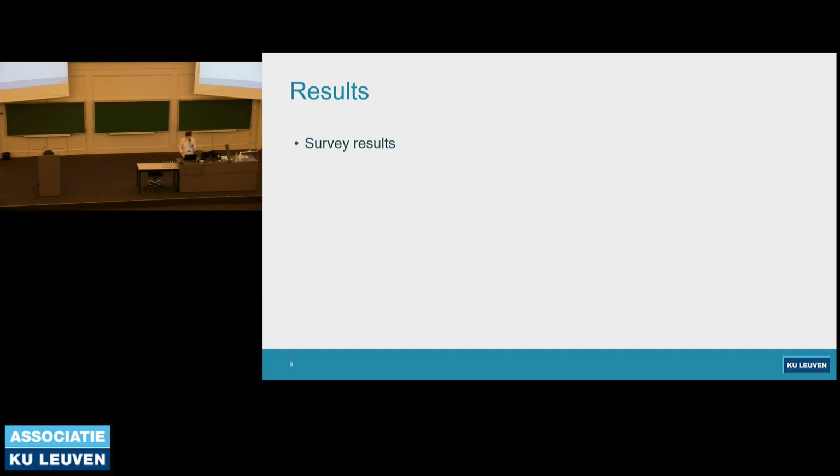Then we can take a look at the survey. 3 out of 6 students indicate that they had issues when allocating the requirements to the layers while they were creating the UML class diagram.